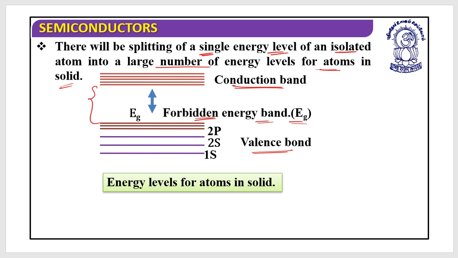When I say conduction band, all the electrons that are ready to conduct reside within the conduction band, and all the electrons that are not about to conduct reside in the valence band. There is a difference between these two levels, and that is what we call the forbidden energy gap. That forbidden energy gap is different for different elements, as we will see.